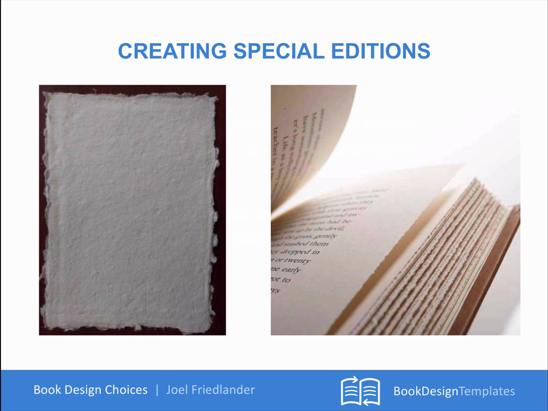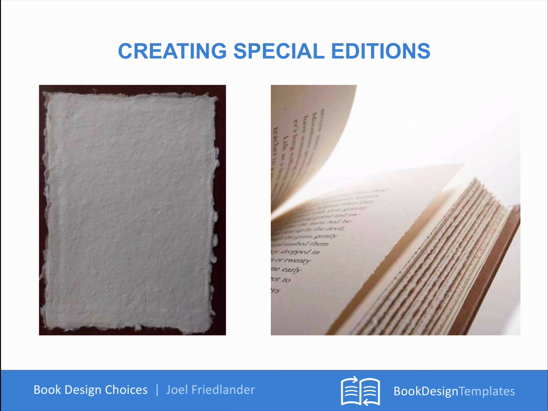Now, I had a question from a reader recently saying that they bought a book and they wondered why this big publisher had put out a book with this terrible page trimming. It was all rough. Now, this is actually a special effect that's expensive to do. It's called a Deckle Edge. And you can see in the picture on the right, here's a book with a Deckle Edge. In other words, it's very rough and it hasn't been trimmed off. And the reason for this is the picture on the left.